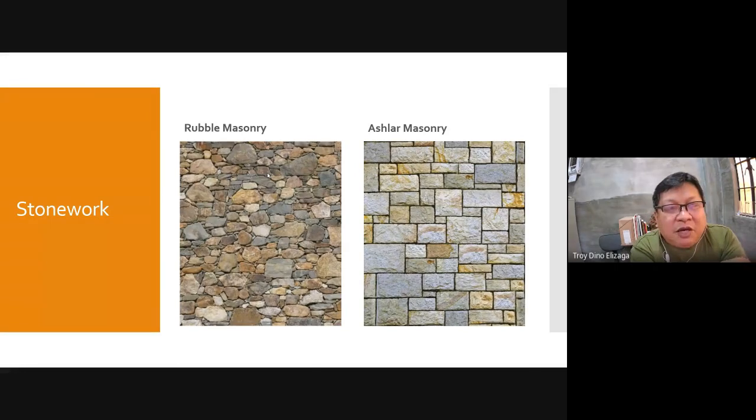To make a wall of rubble means making a wall of stones of different shapes. I remember that this came out during the discussion on the Mycenaean period, because I think this is the first time that ashlar masonry was discovered, or at least used.